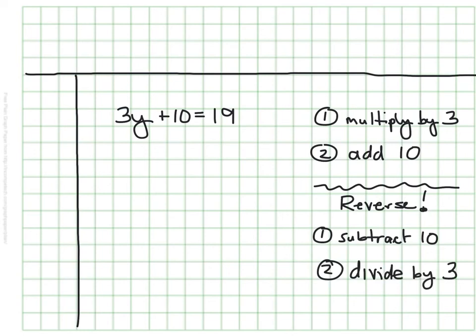The first thing I need to do to my 19 is subtract 10. So I'm going to subtract 10 here, which leaves me with 9. But if I only do that, my two sides are no longer equivalent. So I have to subtract 10 over here as well. And if I do that, 10 minus 10 is 0, and I'm left with 3y.